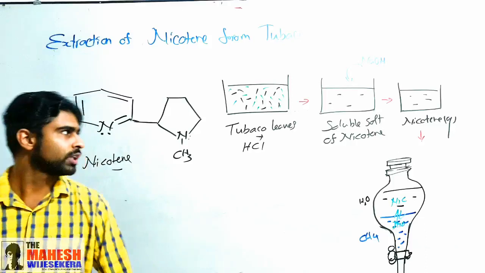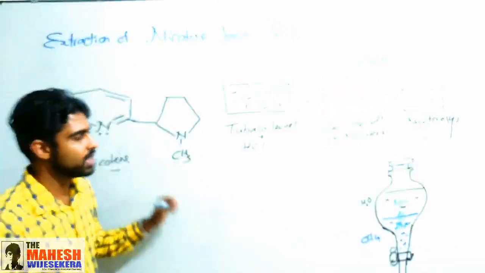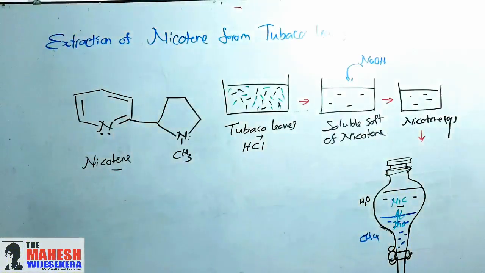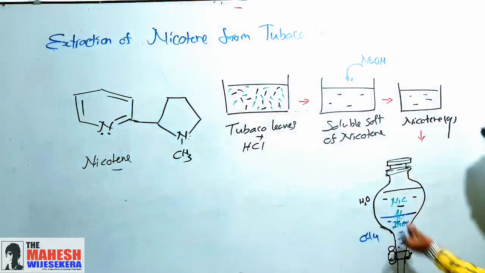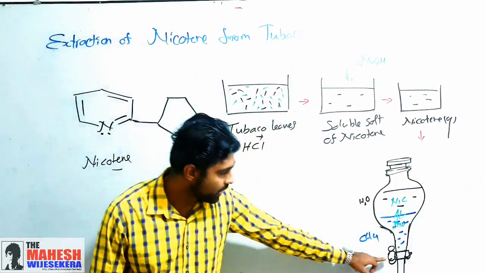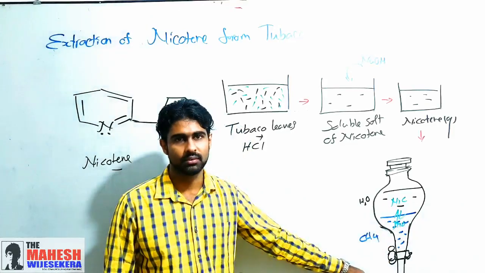But you know that nicotine is an organic compound, less soluble in water, so mostly it will move into the CCl4 layer. Once we allow it to separate, by just opening the tap, you can separate the CCl4 layer.